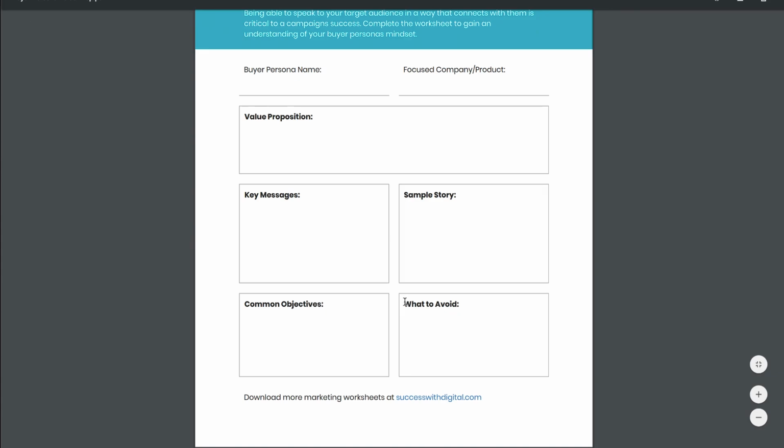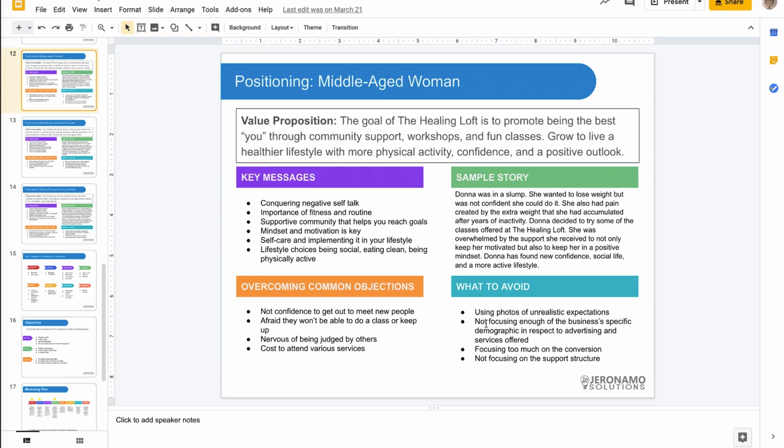So the next box is what to avoid. And so this is all about what makes your buyer persona tick, what things annoy them, right? What would turn them off from your marketing content. And so in this example, what to avoid would be using photos of unrealistic expectations.